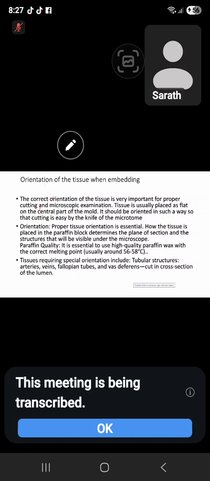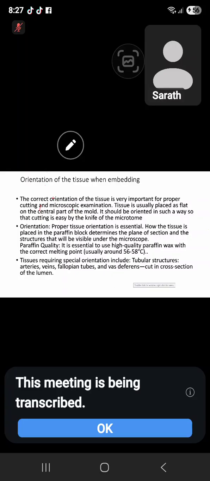Analytical grade. Tissue requires special orientation, especially tubular structures: arteries, veins, fallopian tubes, and vas deferens. So you must be able to cut a cross section of the lumen. So if you have tubular structures like arteries, veins, fallopian tubes, and vas deferens, you have to be able to get the cross section of the lumen.